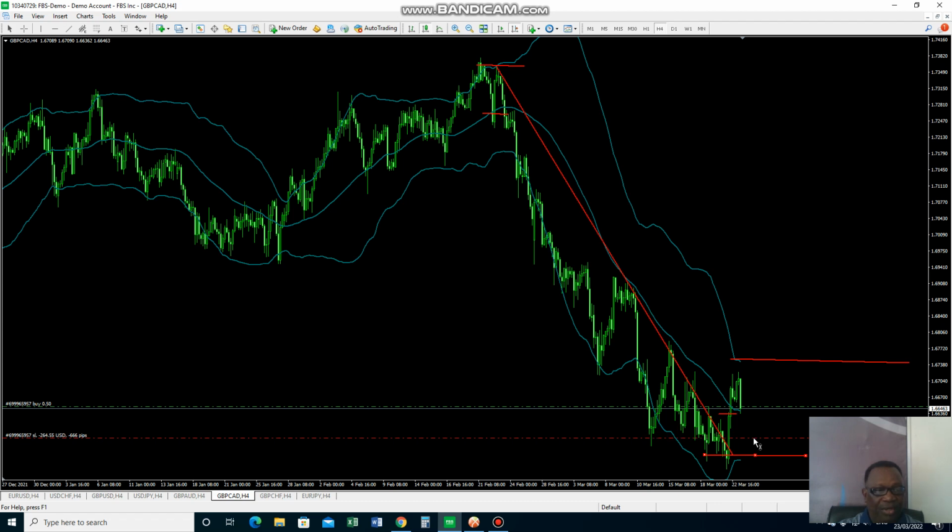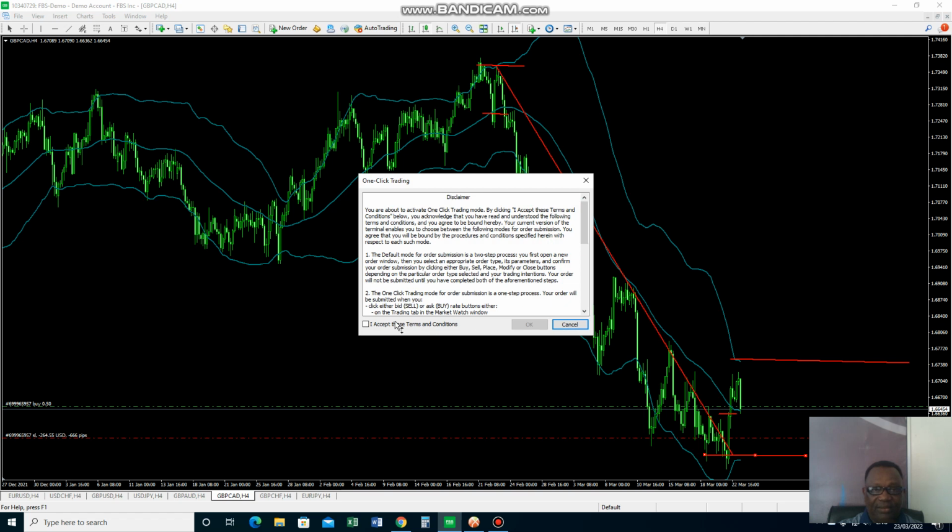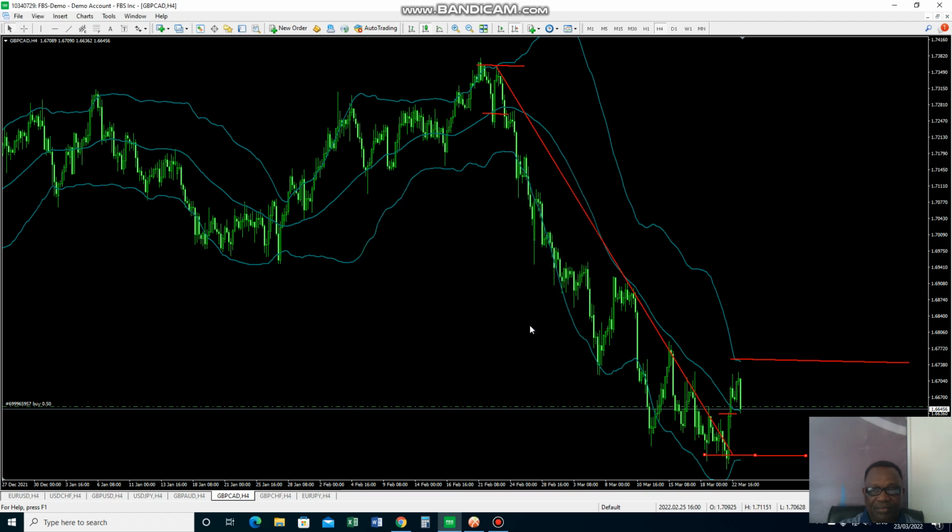I'm putting my stop loss below. So I am preparing to lose this. I'm putting my stop loss below here because my execution is that the price came down and broke the middle, and closed above it.